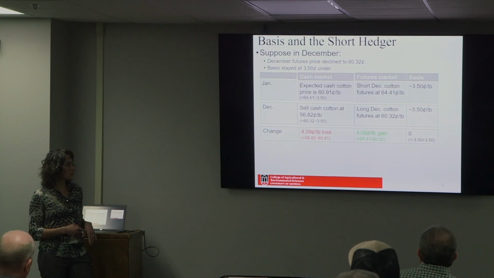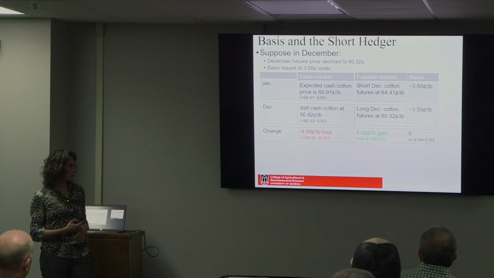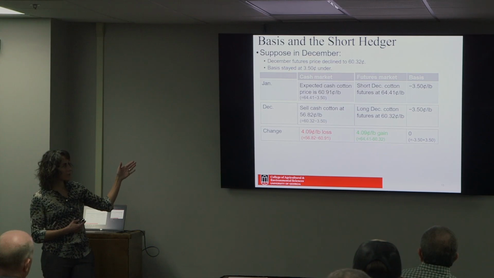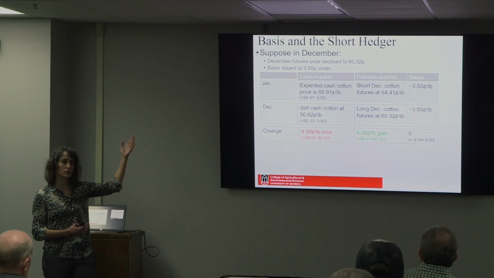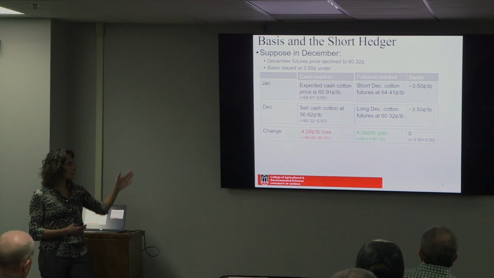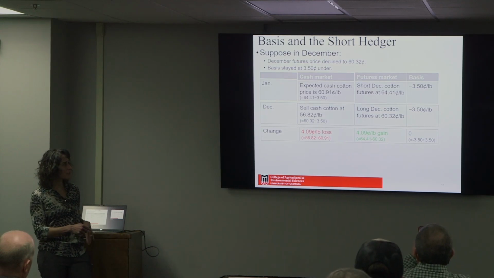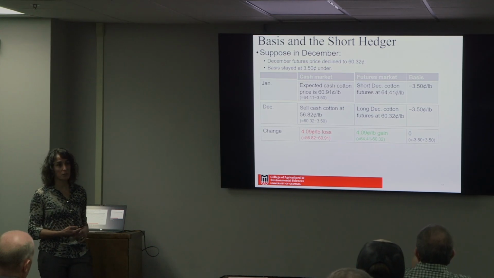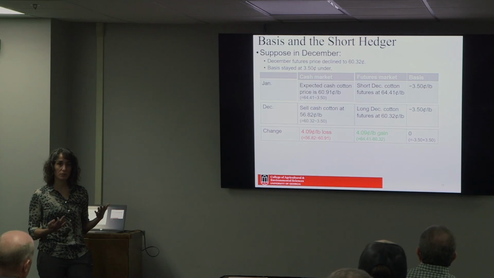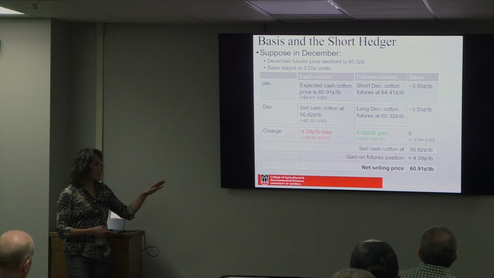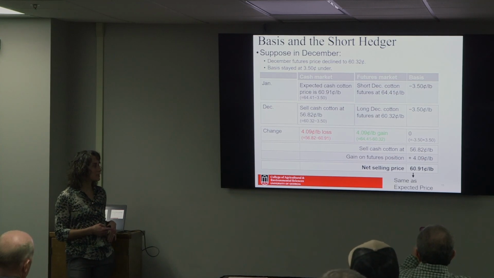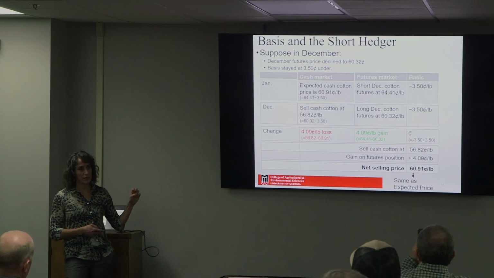So then we do have a gain on the futures, and the cash price, I say here loss, but it's not an incurred loss compared to the expected price. So it is also low, but it's 1-to-1. Because the basis did not change, it turned out to be exactly what we expected. That's why your net selling price is exactly the same as your expected price.